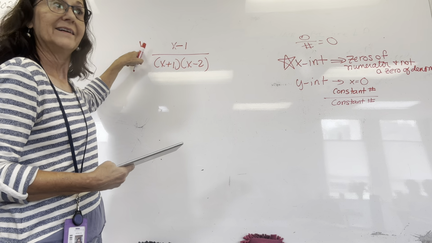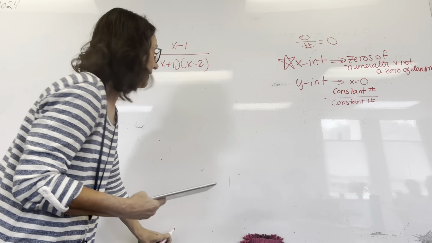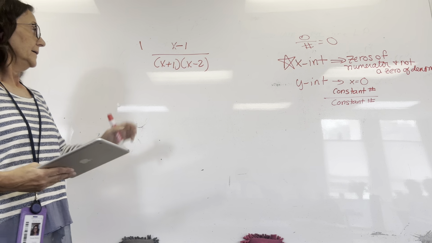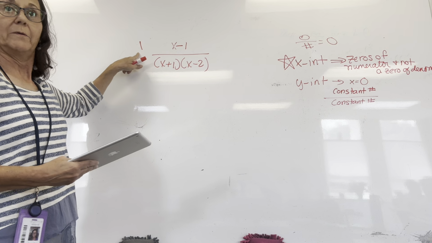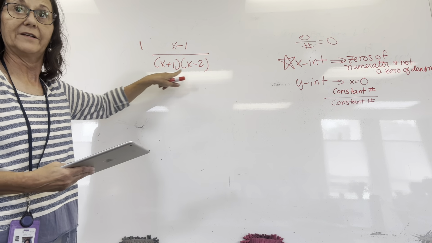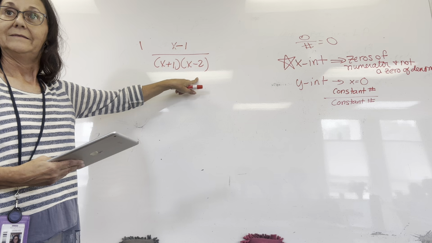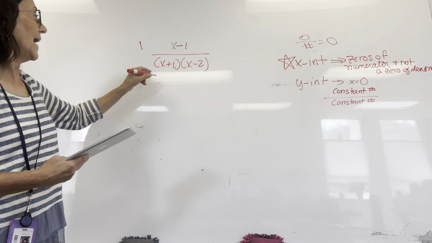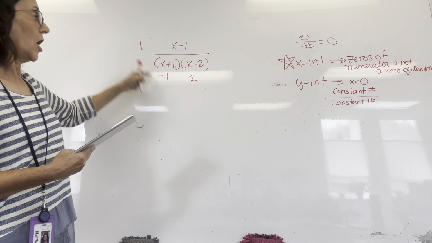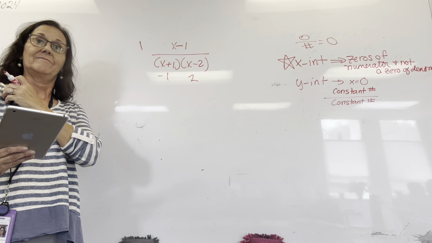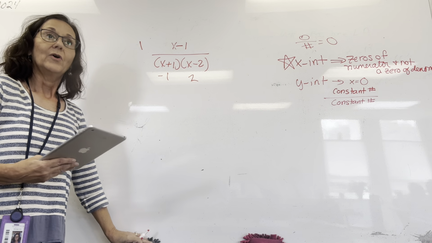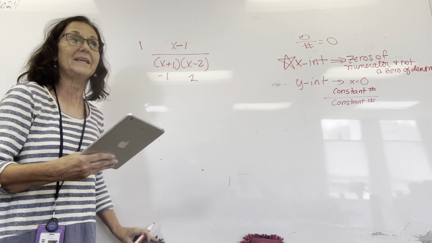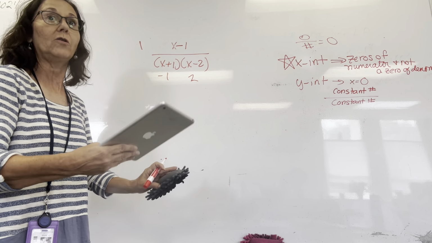So this x-intercept would be 1, because that is not a 0 in the denominator. It doesn't cancel out because they're opposite signs. So basically, something in the numerator cannot be the same as something in the denominator? Correct, because I'm going to tell you something about that in a minute. That's going to be an indicator that there's a hole in the graph.